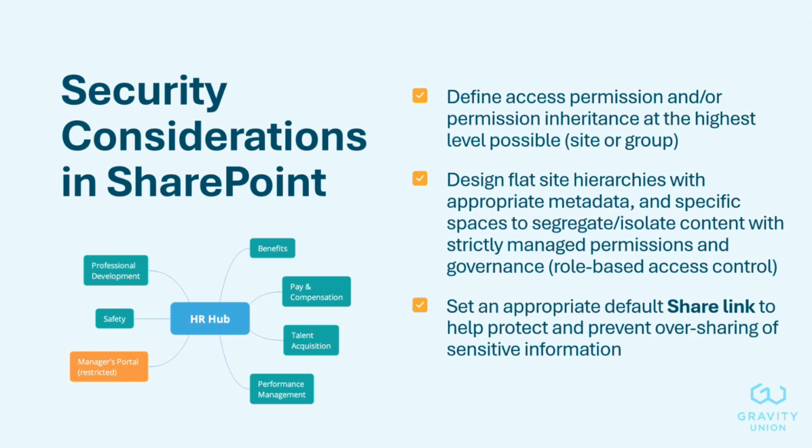But for some things, we might need a little bit more secure permissions. So in orange there, I've highlighted a manager's portal. So for example, the human resources manager would have a more secure area. So we can take the original inherited permission group from the hub there and trim it down further to just include the manager and potentially some directors, depending on how that organization is structured.